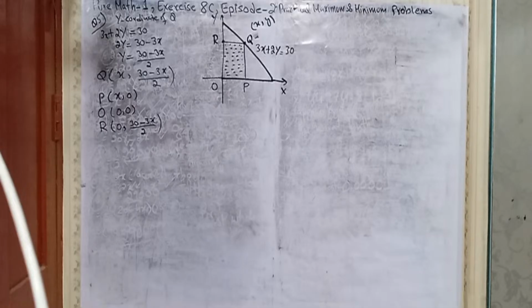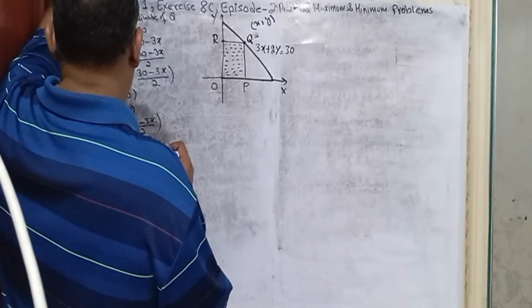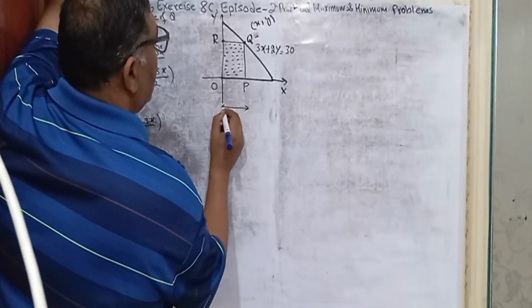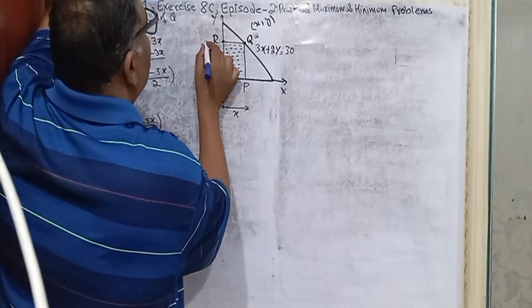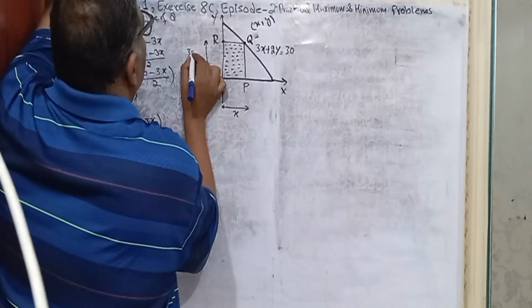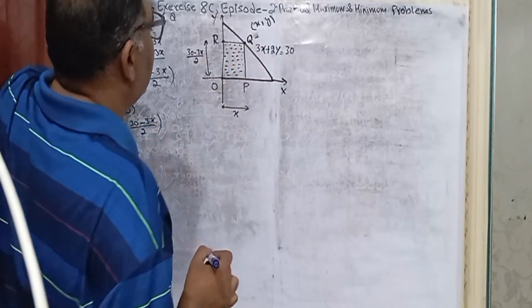Now we have to find the expression for its area. This side is x, and this side is 30 minus 3x divided by 2, because its y coordinate is this.